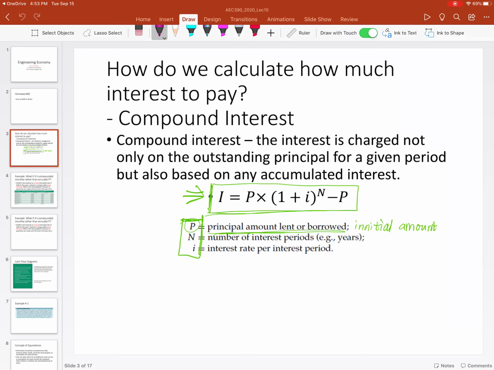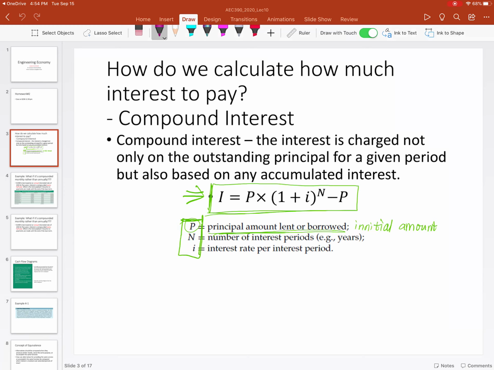And to calculate the interest, we said there are 2 types of interest. One is simple interest, which means every time you calculate the interest, you just use the initial amount you borrowed times the interest rate. Every time you use the same initial amount times the same interest rate.